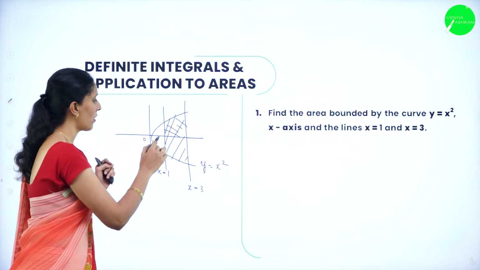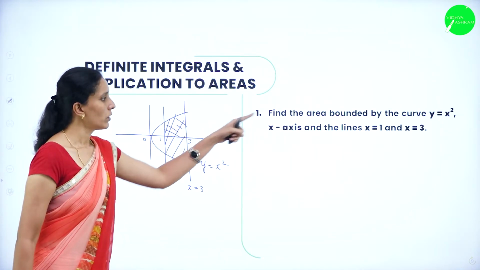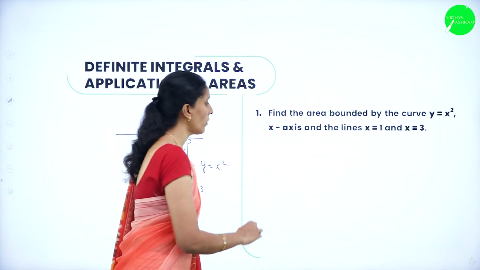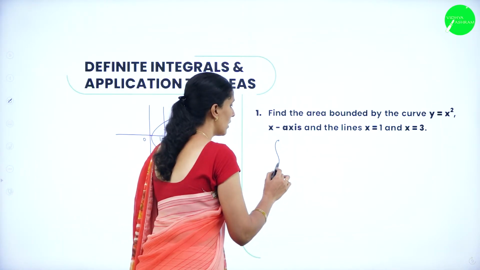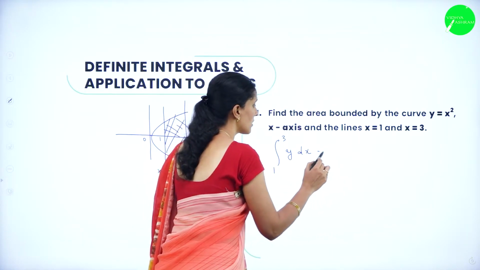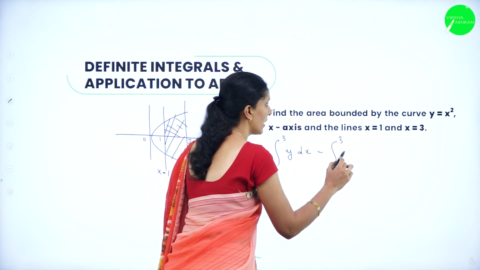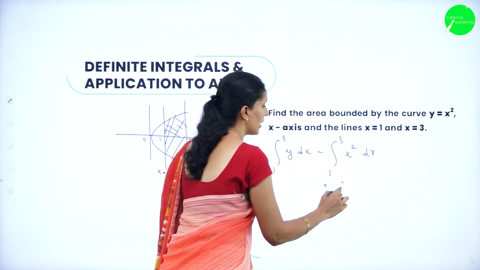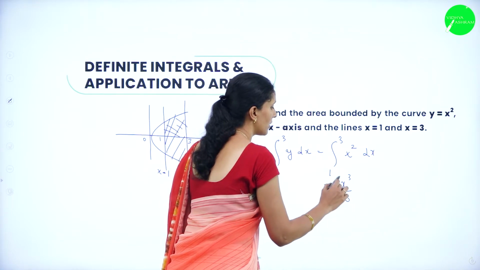So the limits are from 1 to 3. Now the equation is given as y is equal to x square. So how will we write it? We'll write it as the integral with limits from 1 to 3 of y into dx. So this is equal to the integral from 1 to 3 of x square into dx. What is the integration of x square? It is x cube divided by 3.